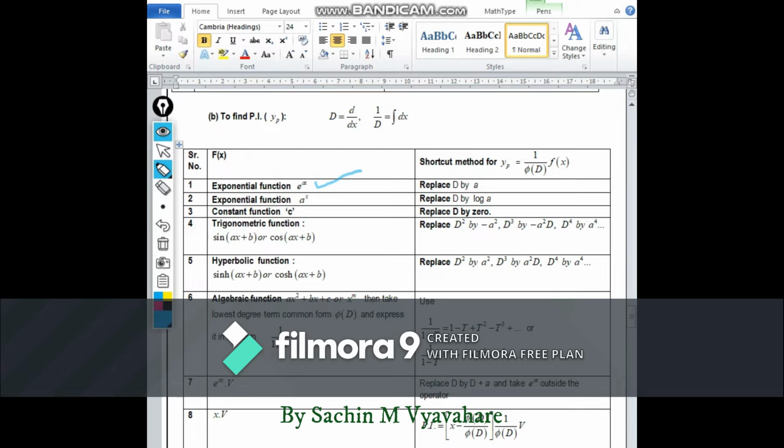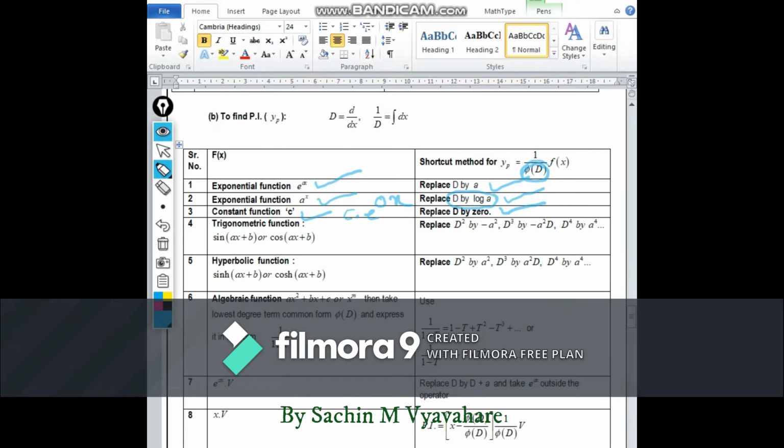Whenever we come across e raised to ax, replace D by a in that phi of D. Now, when the base is a, that is, an exponential function a raised to x, replace D by log a. The last thing, when there is a constant, the constant can be taken as a constant into e raised to 0x. So replace D by 0. So that is case 1, which is known as the exponential function: e raised to ax, a raised to x, or c.